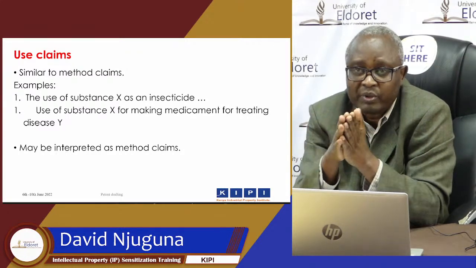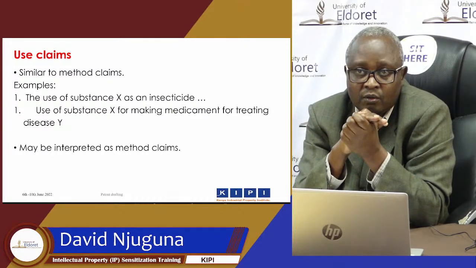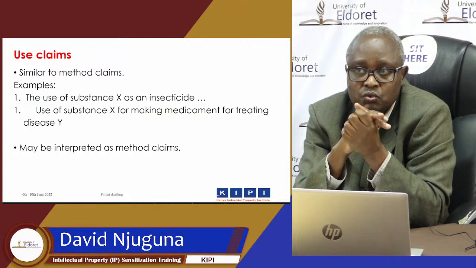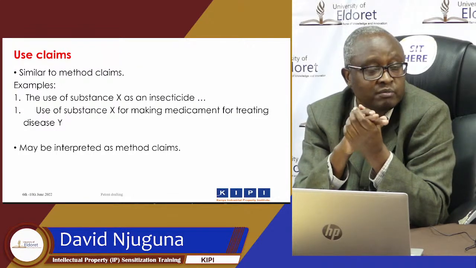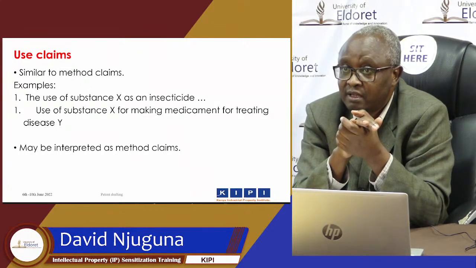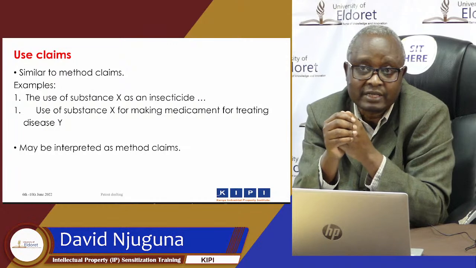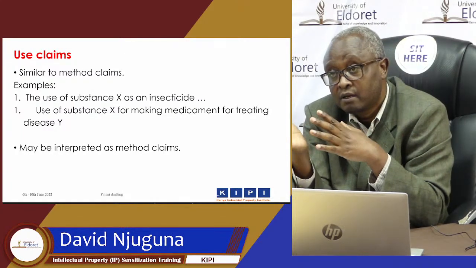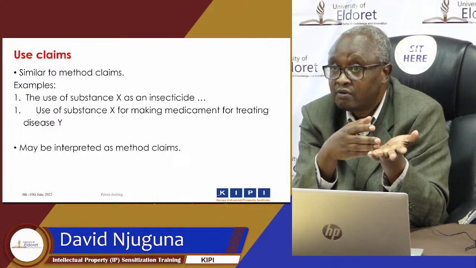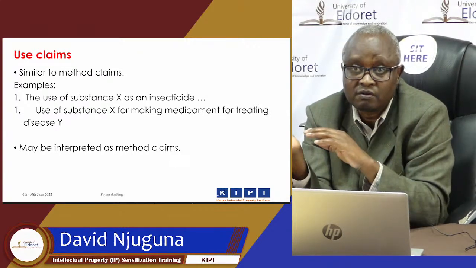And most happen in the chemical and pharmaceutical field, where probably the chemical may have been known for a particular purpose. Then somebody else does their research and finds out that it's possible to use the same compound for something else, so that what they claim is the use for that purpose.